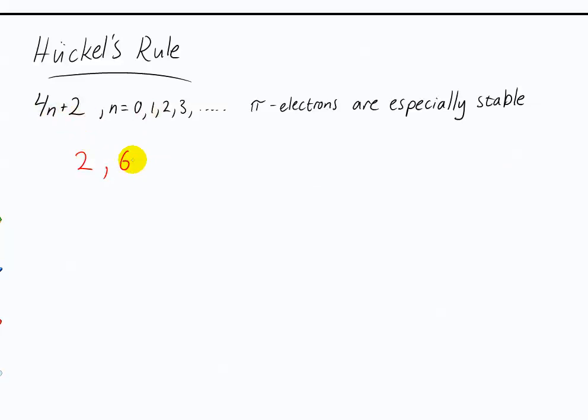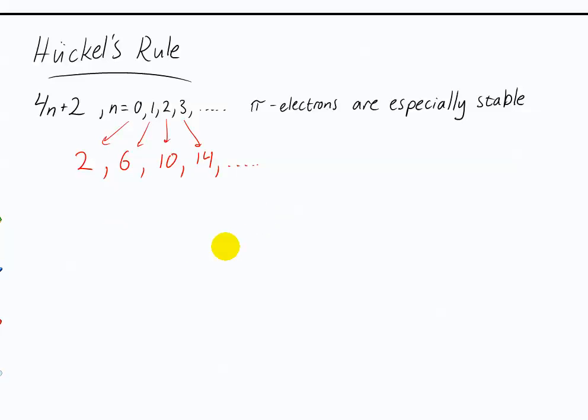So molecules with 6 pi electrons are going to be especially stable. What's the next one? 10. So you get the idea? And then 14. So these are the numbers of pi electrons that are especially stable.